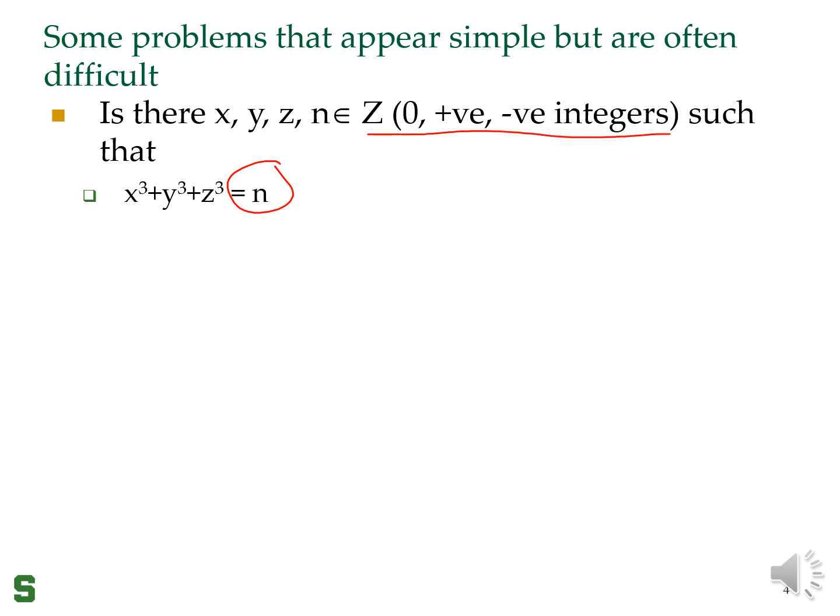They could be 0, but they could also be negative. What if n is 29? Pause here for a little bit. I am going to ask you to think about what possible values of x, y and z you could have if n is equal to 29.